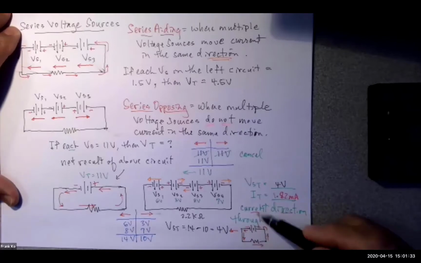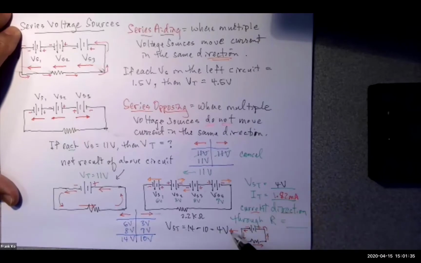As the current of the final voltage source goes left because it is the higher of the two values, I have to draw my negative plate on the left, positive, negative, positive. So this side of the voltage source is negative. That's where the electrons come out.